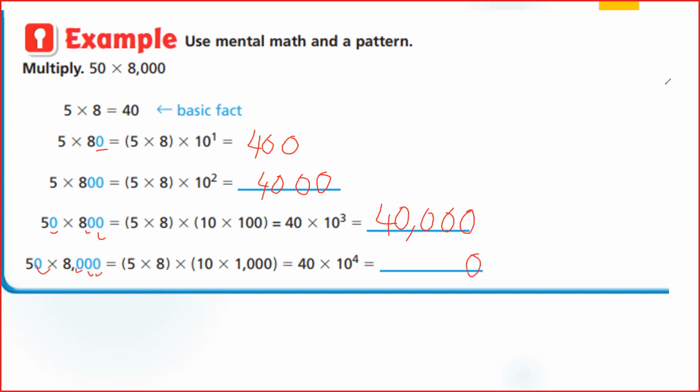So we have now 4 zeros. And then what do you have to do next?